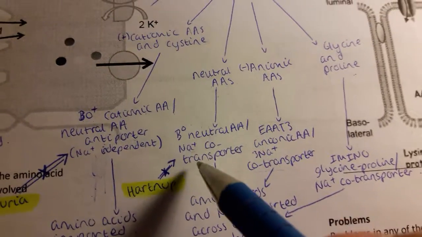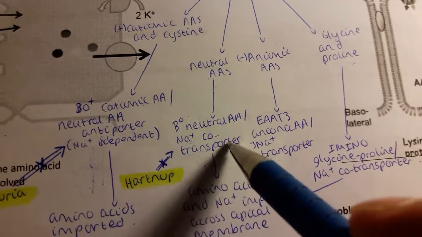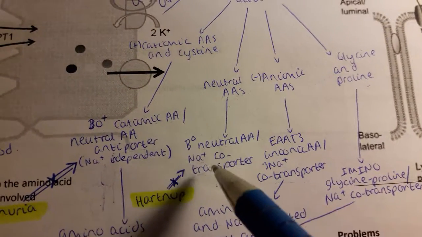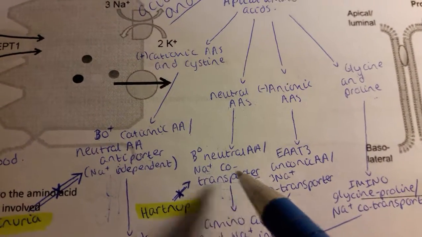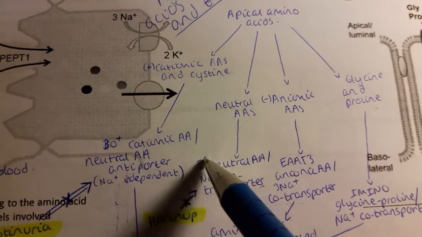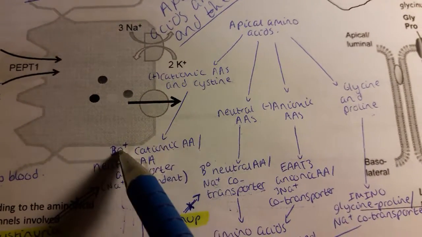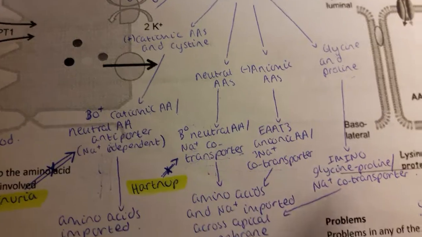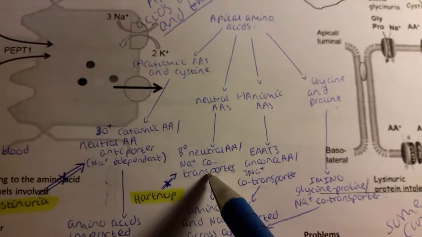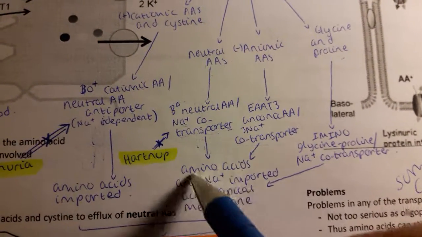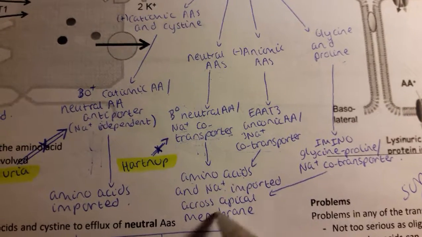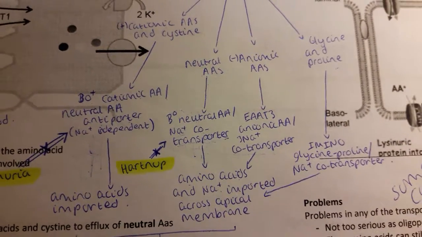So they require sodium for cotransport, and that's the B0 cotransporter. The reason it's 0 and not plus is because it's not the cationic version, it's just the neutral version. So that results in an import of amino acids and sodium across the apical membrane into the enterocyte.